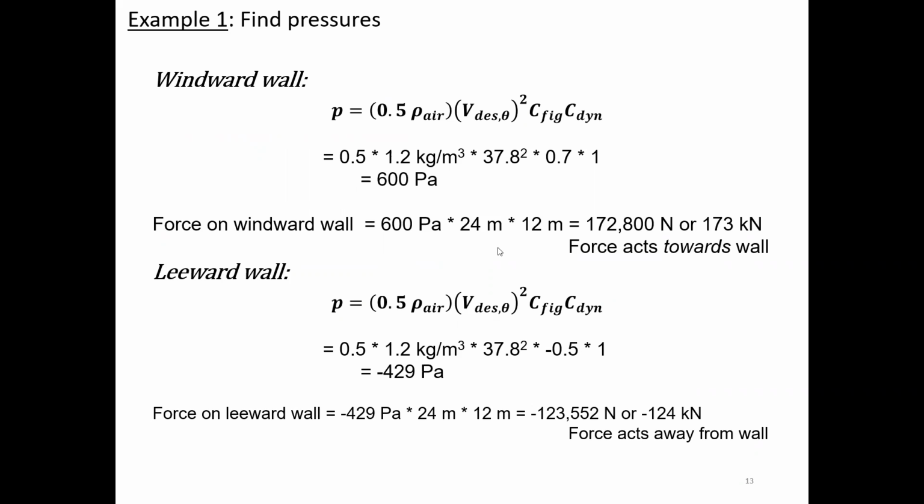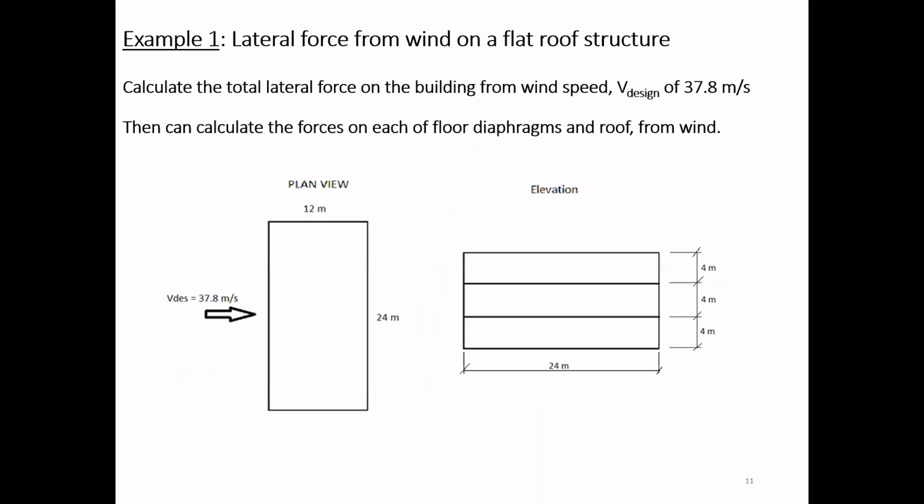Now let's work out the force. I should have told you to work out the force as well. The force on the wall is just the pressure times the area of the wall. You've written down the pressures, so I want you to calculate the force. Calculate the area of the windward wall and the leeward wall, which are actually the same, and then the total force on the wall.